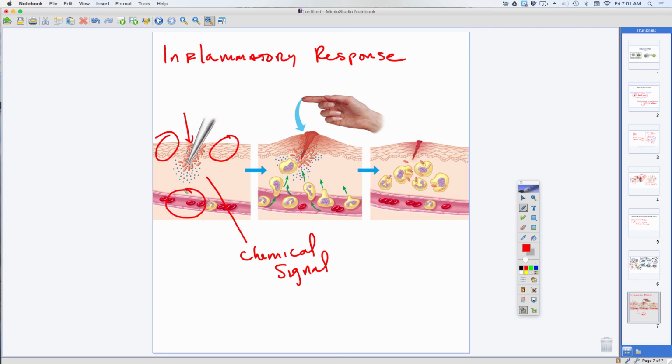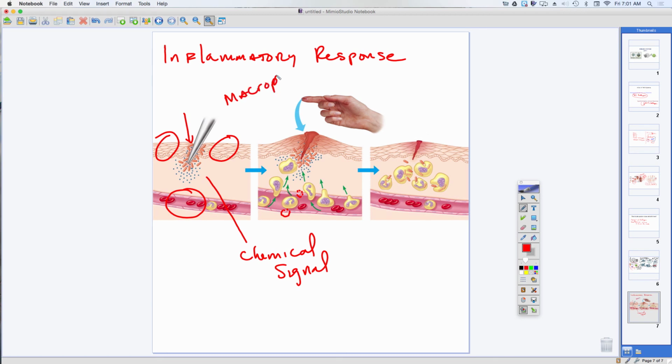This chemical signal, interleukin-2, then causes your blood vessels to become a little leaky. So the little pores between blood vessels open up just a little bit.